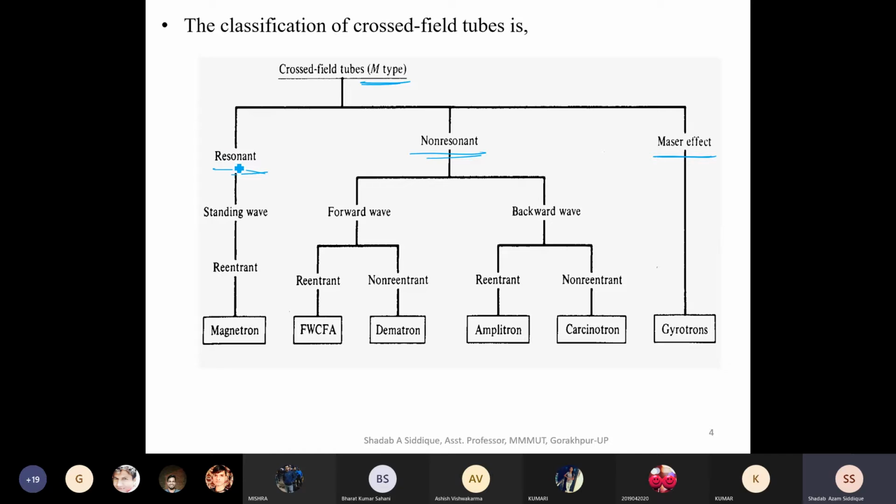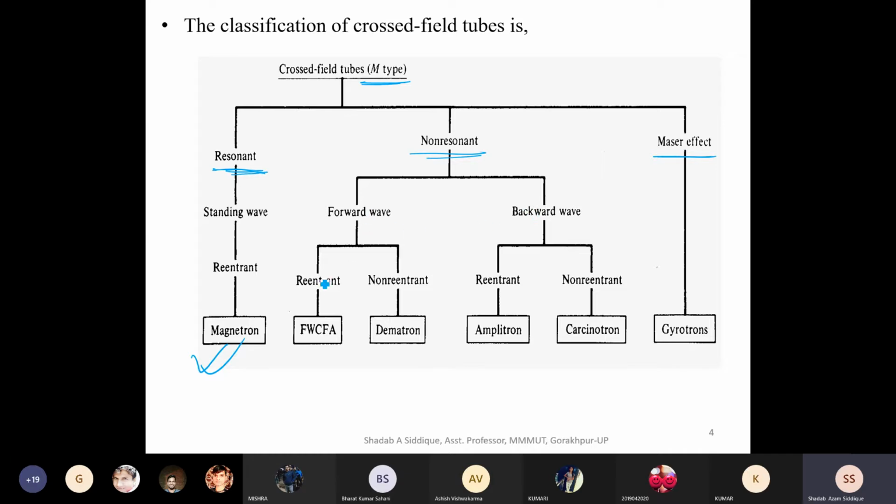If it has a resonant cavity structure, resonant gives you a standing wave, and with a reentrant cavity the device is called a magnetron. If the cavity is non-resonant, it is categorized into two parts, forward wave and backward wave.